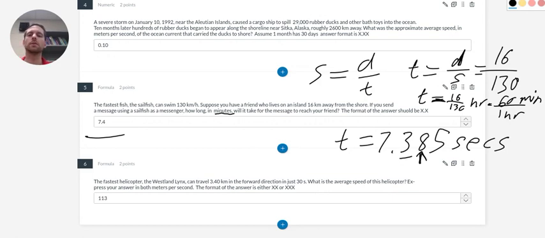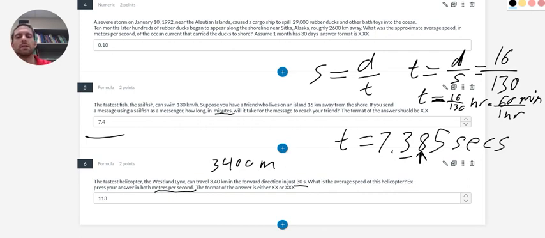There's our answer. For this one, the distance is in kilometers. We want this in meters per second. And this is a time as well. So 3,400 is our meters. Let's just multiply 3.40 by 1,000, because 1,000 meters is 1 kilometer. And then here's our time.